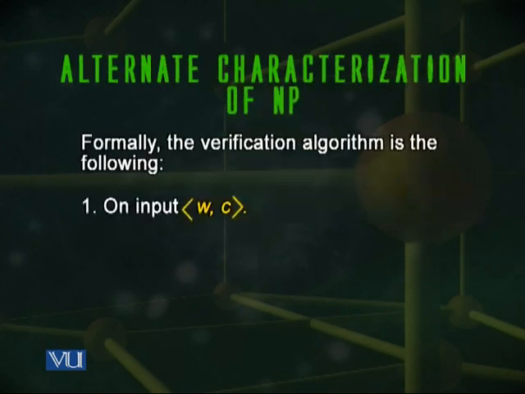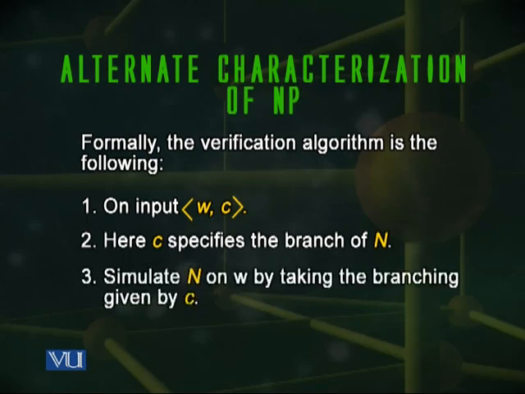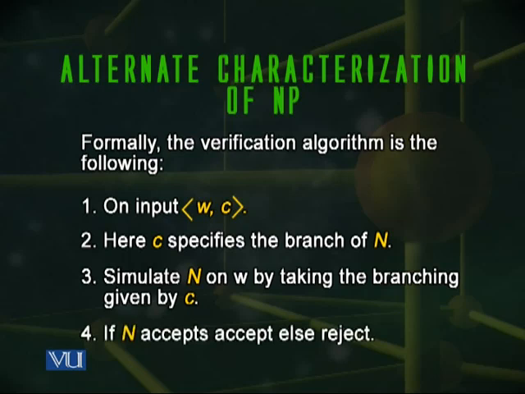Formally, the verification algorithm is the following. On the input W, C, where C specifies a branch of the non-deterministic Turing machine, the verification algorithm simulates N on W by taking the branch given by C. If this particular branch of N accepts, then the verification algorithm accepts, otherwise it rejects.